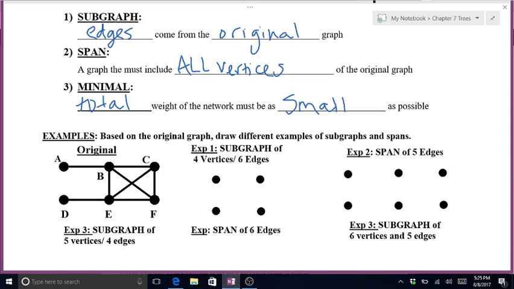Remember, we don't have to have all our vertices because this is a subgraph, not a span. So we can minimize the number of vertices, but remember, all of our edges have to come from the original graph. So we need 6 edges from the original graph in order to draw these using only 4 of the dots. So looking at the original graph, what section of the graph has 6 lines connecting 4 dots?